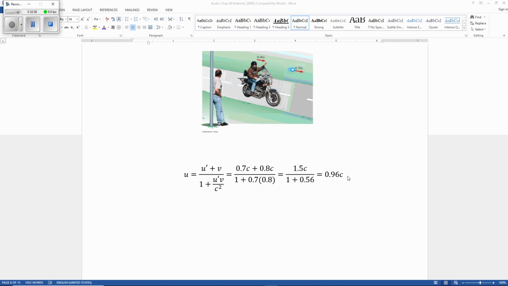See, it's still slower than the speed of light. So 0.8 and 0.7 doesn't give you 1.5.